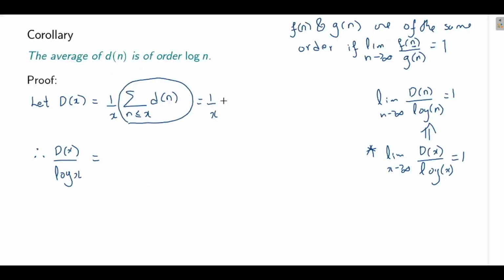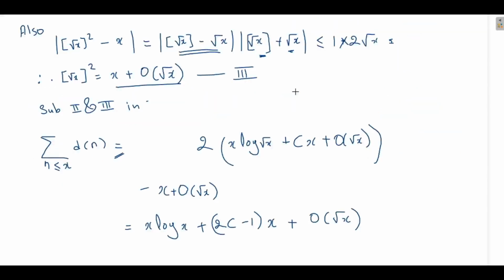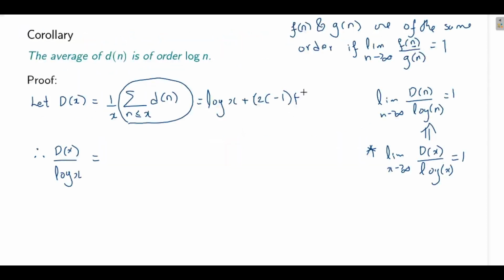So that will be log of x plus 2c minus 1 plus big O of square root of x divided by x, which is big O of 1 by square root of x, just like the previous argument. So this is what you have.